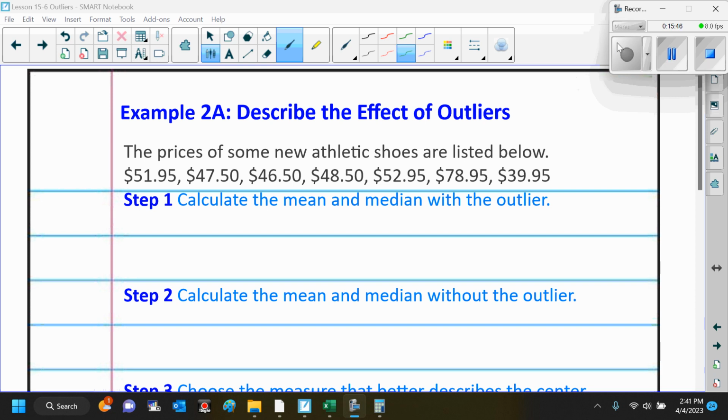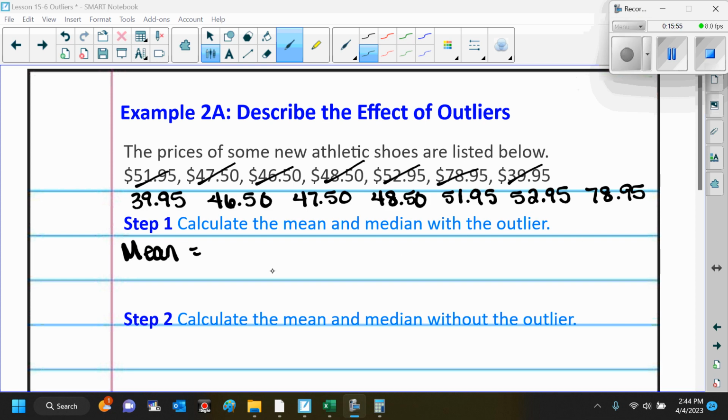Since I'm going to have to do it anyway in order to find the median, I'm going to go ahead and put the data in order from least to greatest. So here's my data in order from least to greatest. We're going to calculate the mean first. We're just going to add all those numbers together and write it on top.